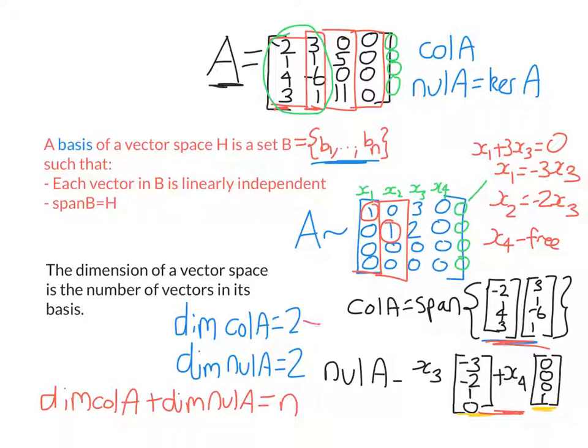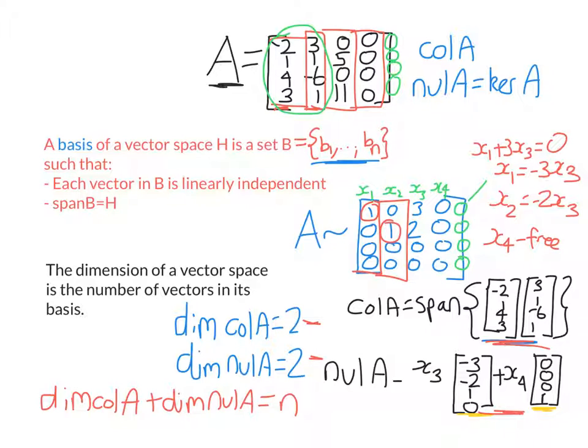So here, note 2 plus 2 equals 4. So if you had a 5 by 5 matrix, if the dimension of the column space of A was 1, that would mean there was one linearly independent column, and it would mean that the dimension of the null space would be 4, and there would be 4 basis vectors in the null space of A. So that's a very important rule called the rank nullity theorem.